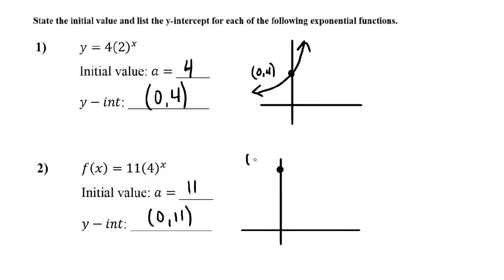But we're up here at (0, 11), and then it is a 4, which is bigger than 1, so again it's going to be growth, really increasing there, going down this direction towards our asymptote. Just quick sketches to get an idea of what's happening.